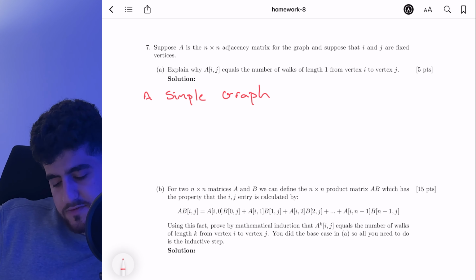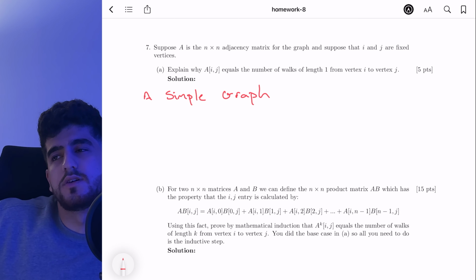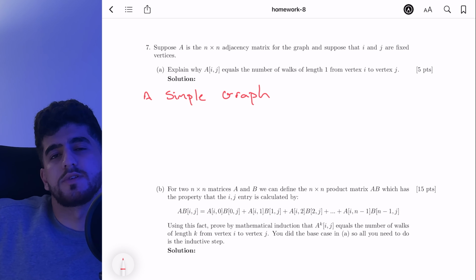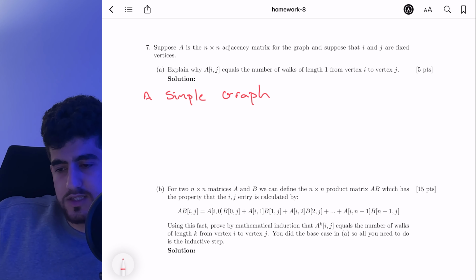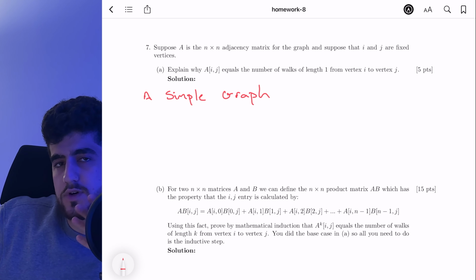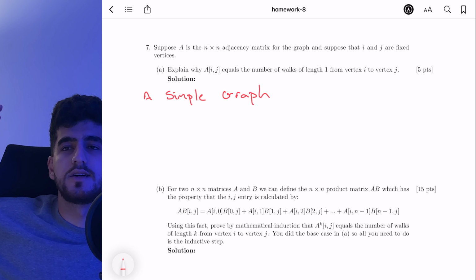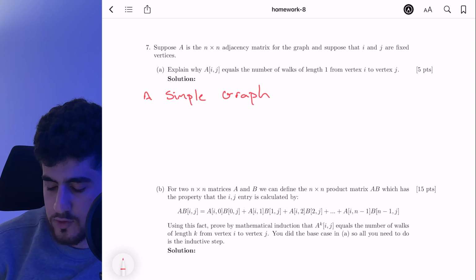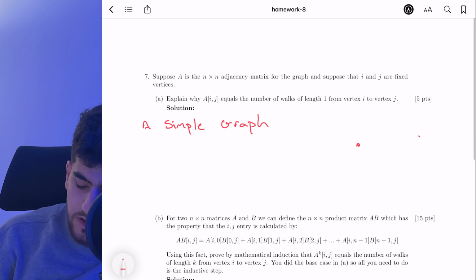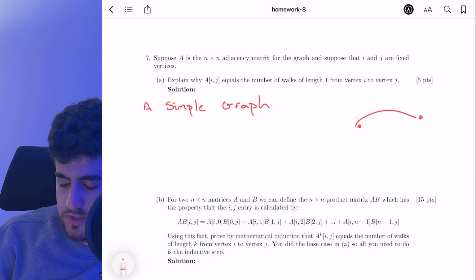A simple graph, as I said in my graph video, is a graph where there is at most one edge between each two vertices. But it's not always the case. We can have more than one edge between two vertices. In real world problems, we have two cities and there are multiple roads between them.